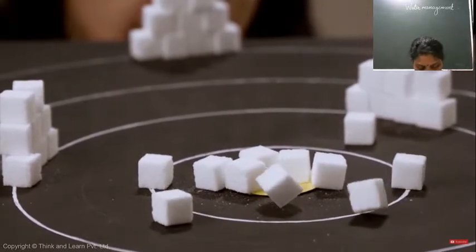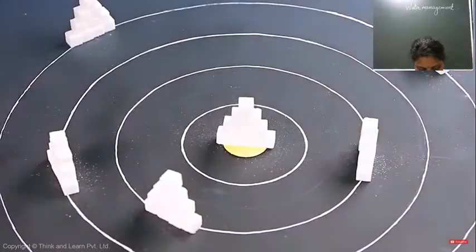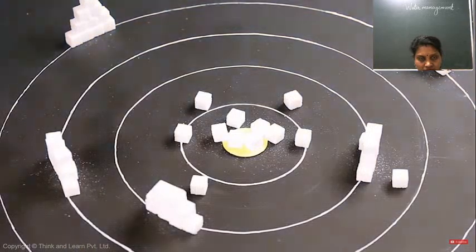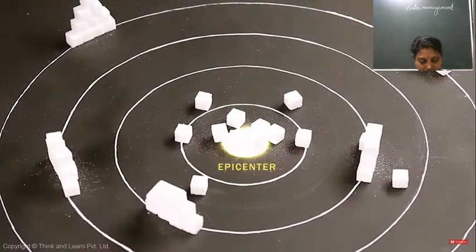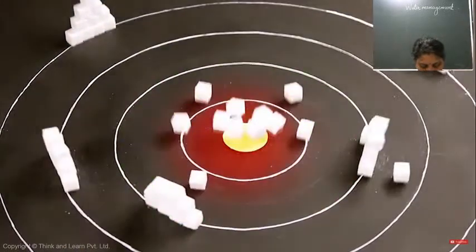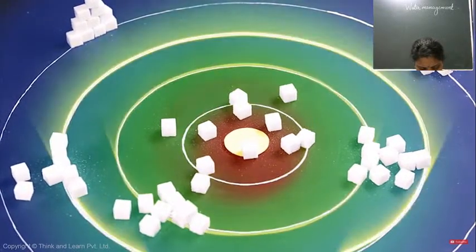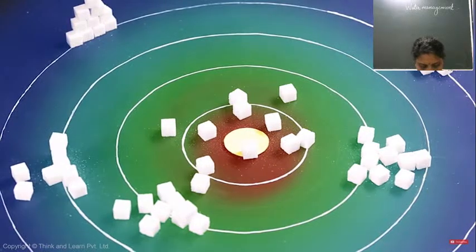Why is that? This is because when the vibrations are created, they travel as waves, which are the strongest at the place where they originate. They gradually reduce in intensity as we go further from the center.